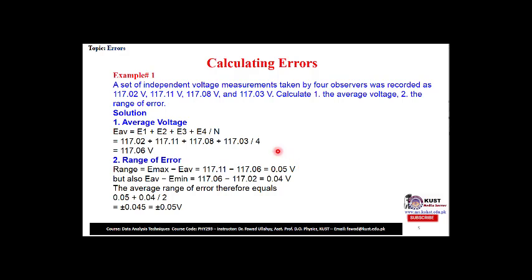So we have got the upper range error and the lower range error. Now let's take the average of these two, adding them and dividing by 2, and we get plus minus 0.045. Rounding off, we get plus minus 0.05 volt, and that in fact gives us the range of error.